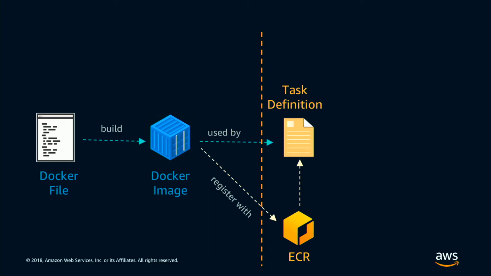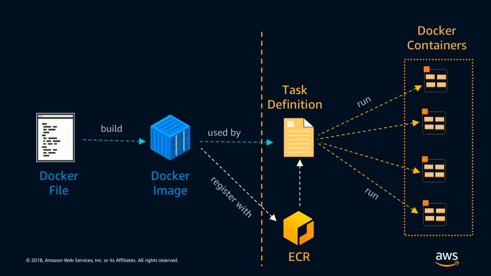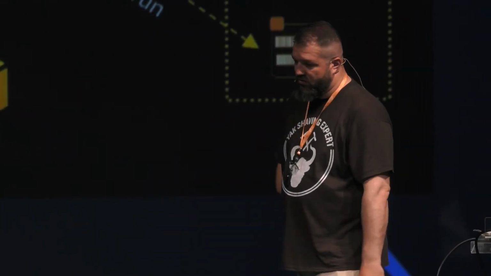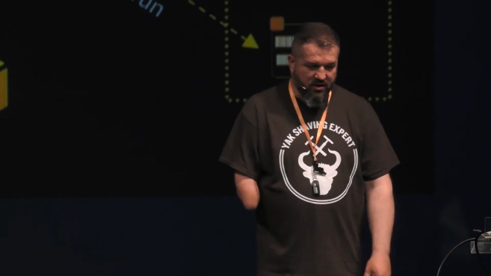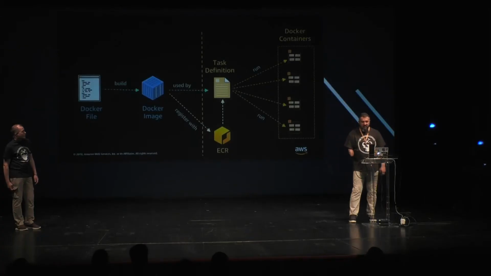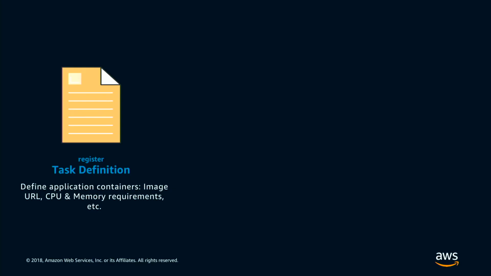It informs ECS how to deploy your Docker images. If you run that, what you get is instances of the image, or the Docker containers. So at a very high level, that's what happens behind the scenes as you use ECS.